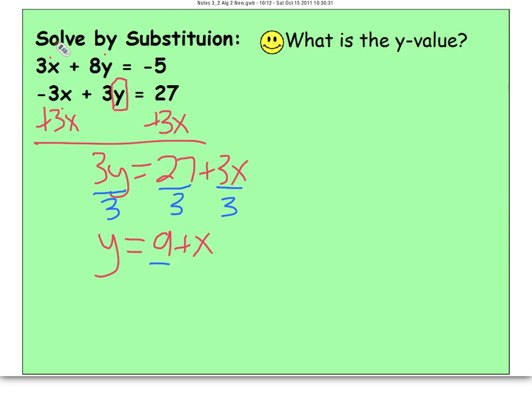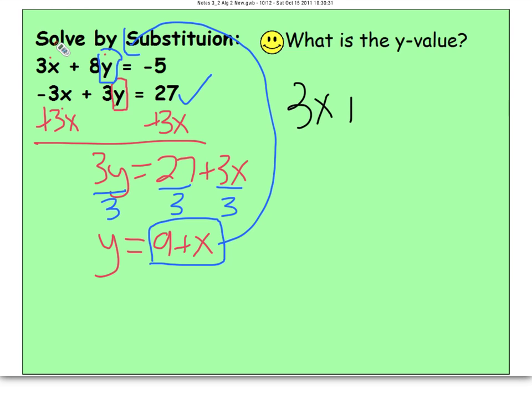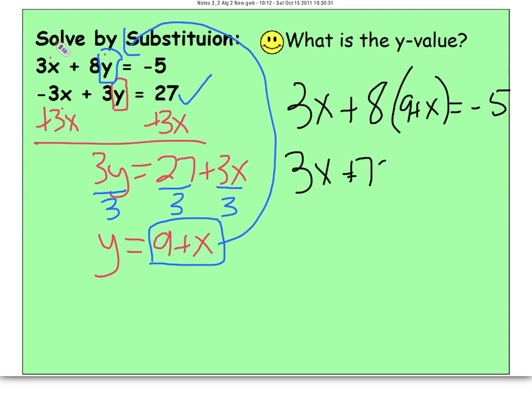So y is this entire piece, and I used the second equation. So I must go to the first equation and find y. That goes in its place. Let's rewrite it. So it'll be 3x plus 8 times 9 plus x equals negative 5. So I'm going to distribute the 8 and get a 72.